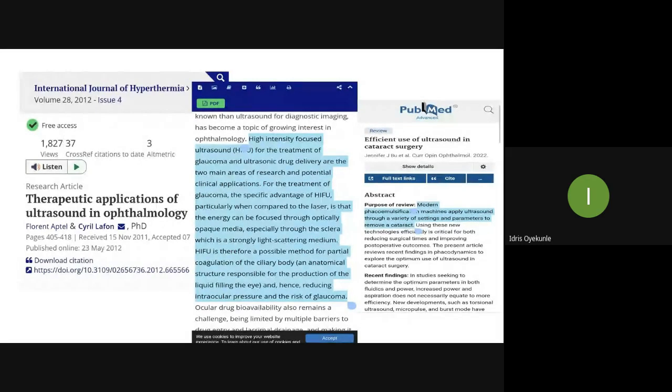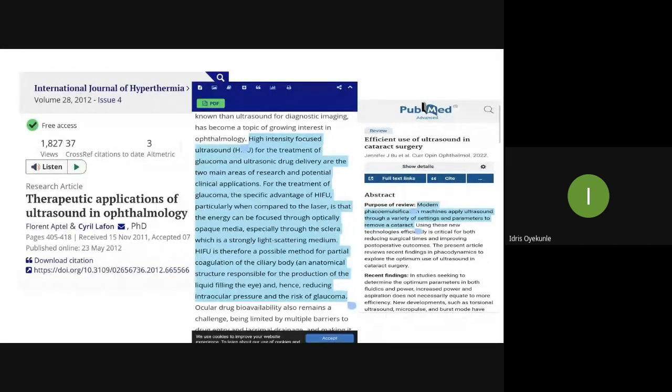So this is also a study looking at therapeutic applications of ultrasound in ophthalmology. Apart from being used for treatment of glaucoma, there's also ultrasonic drug delivery. There are still areas of potential research, and so people can also try to look into this.